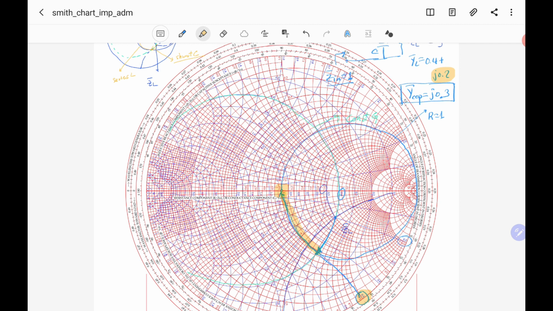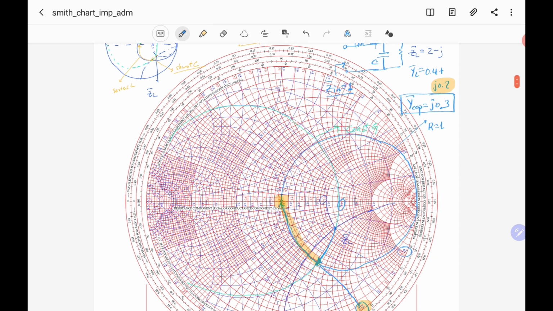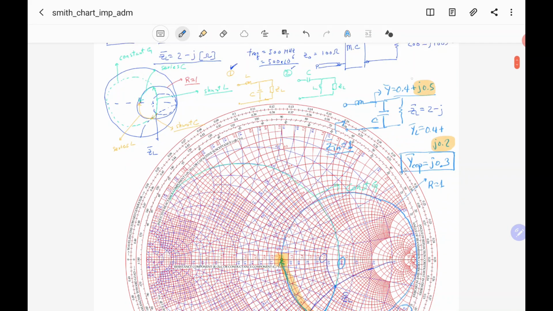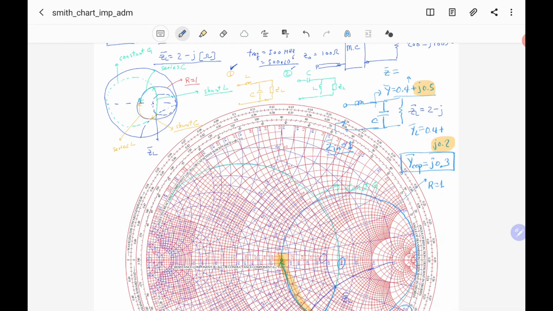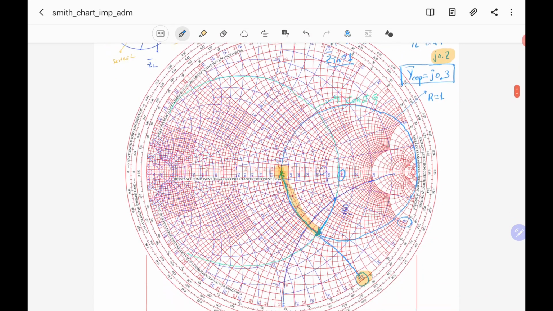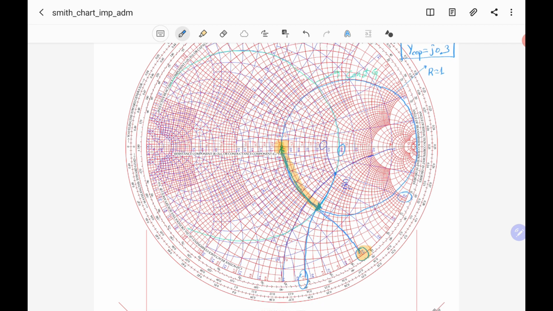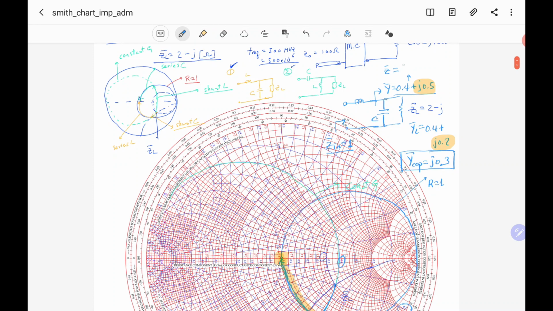If we read the impedance value from this position, this value is 1 minus j1.2.